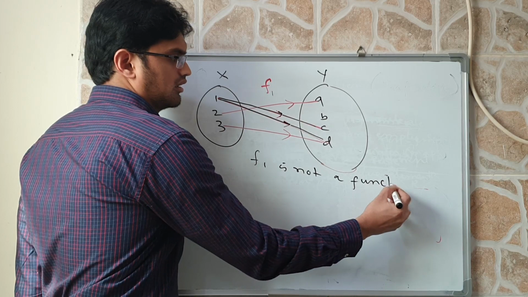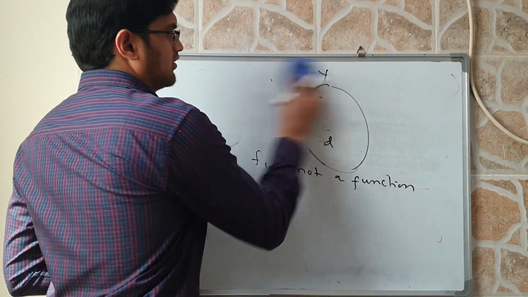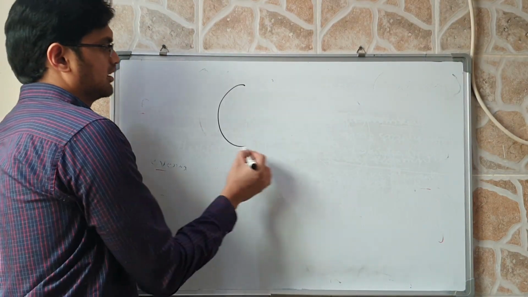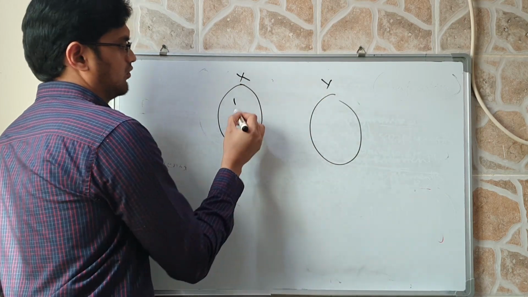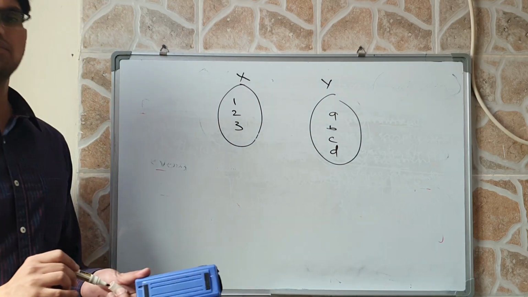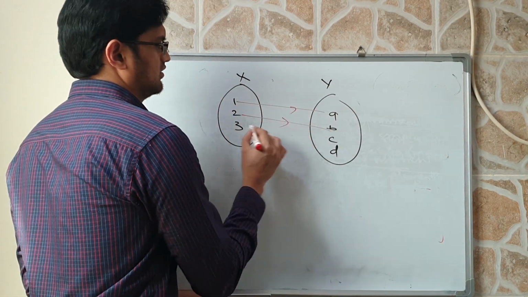Now after knowing about function, so what is a function? Let me take the same thing. I'll draw another function: X, Y, 1, 2, 3, A, B, C, D. Let me associate simply like this.